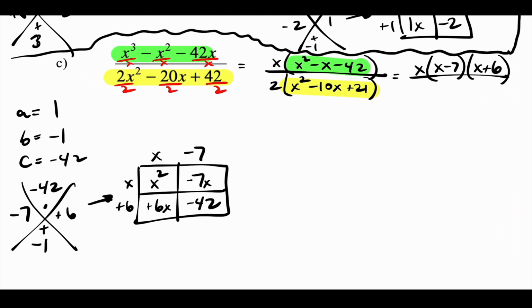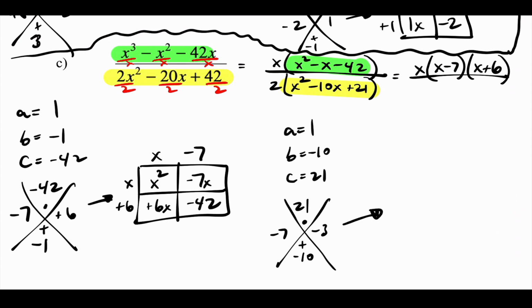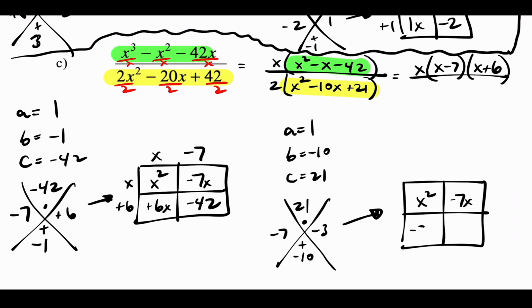Now I'm going to do the same thing in the bottom. So when I factor the bottom, I get x minus 7 and x minus 3 with the 2 that was already there.